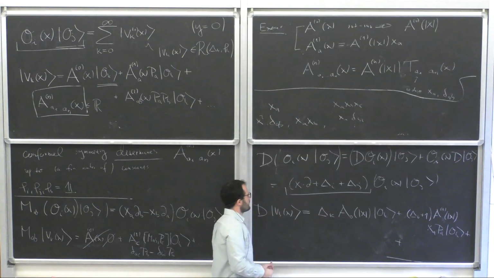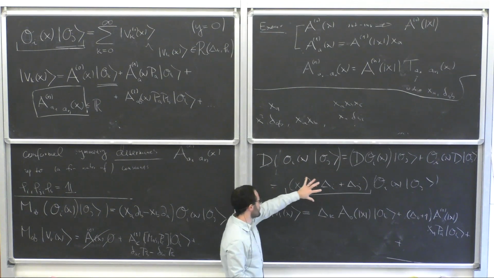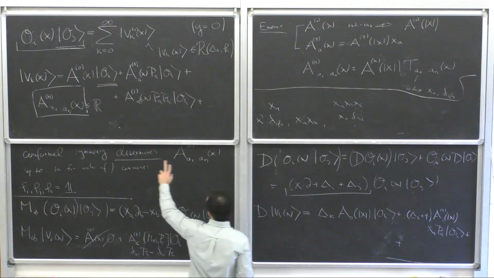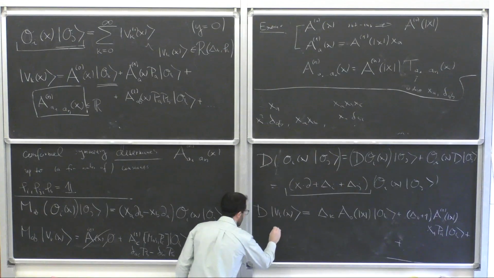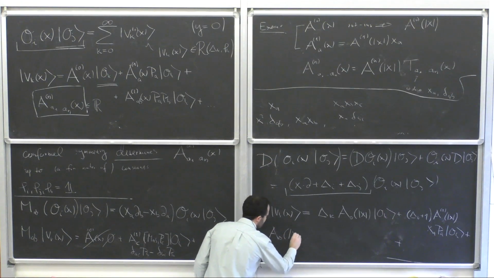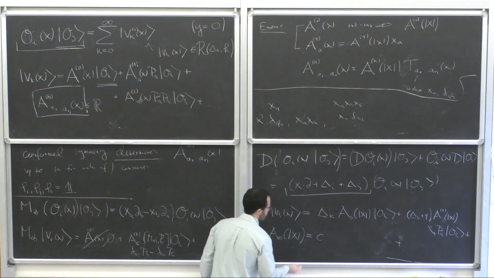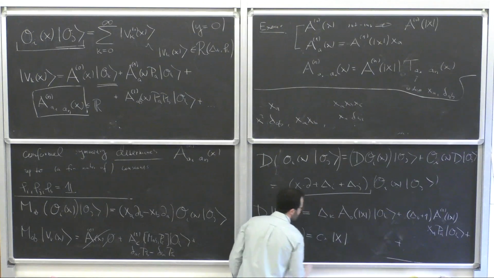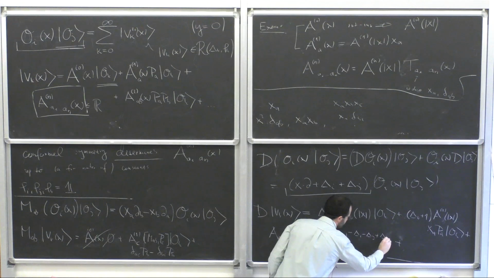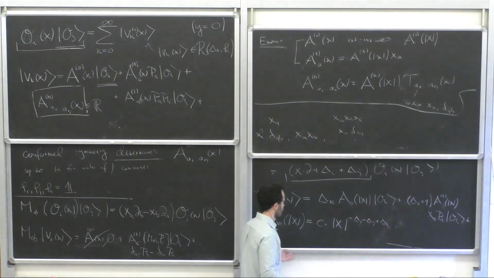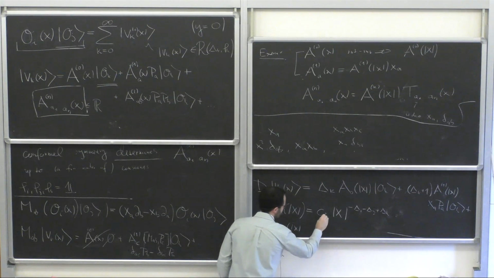Okay, and now we need to compare the two sides. So we can act with this differential operator on VK, and we need to get the same answer, which fixes A0. So A0 as a function of X needs to be some constant, let's call the constant C for now, times X to the power minus delta I minus delta J plus delta K. And A1, let's call this constant C0.